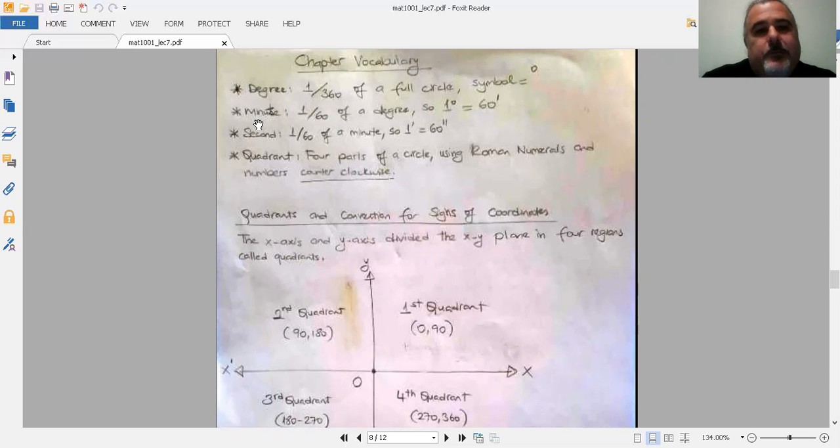So minutes, as you know, if you have a classic watch, you can see: 1/60 of a degree is a minute. So 1 degree is 60 minutes.